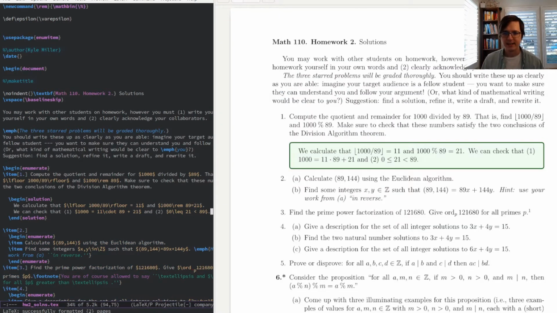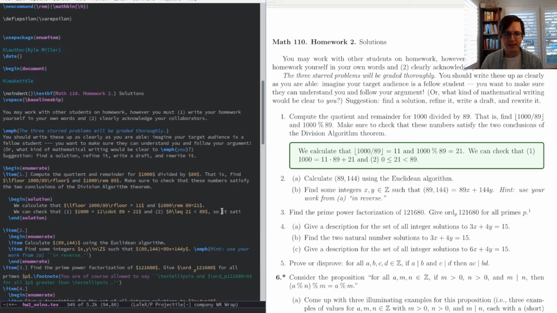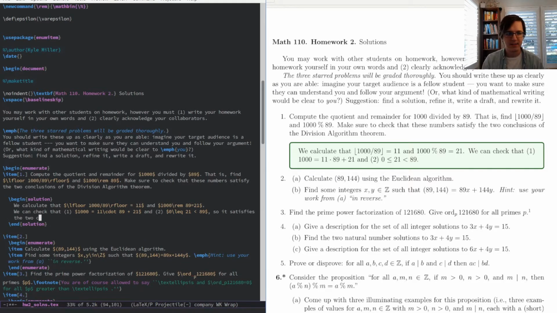So let's see how that looks. Okay, well, and I'll say, oops, we need to see what we're typing. So it satisfies the two conclusions of the division algorithm.